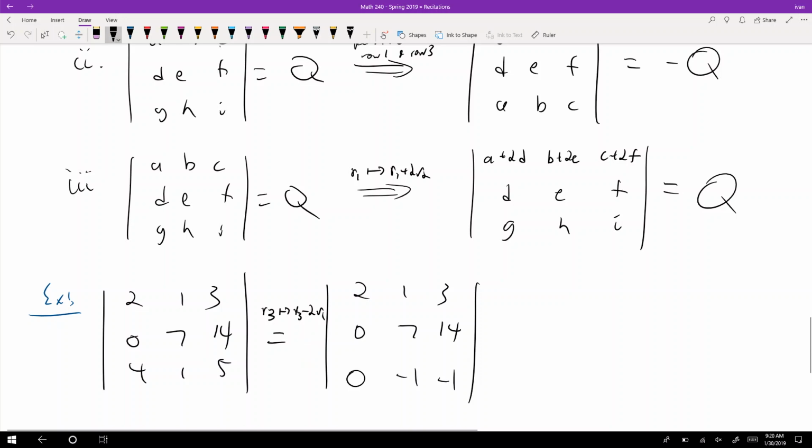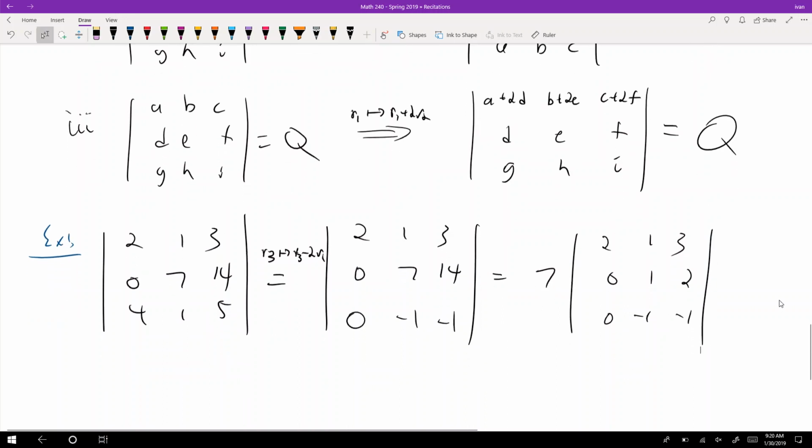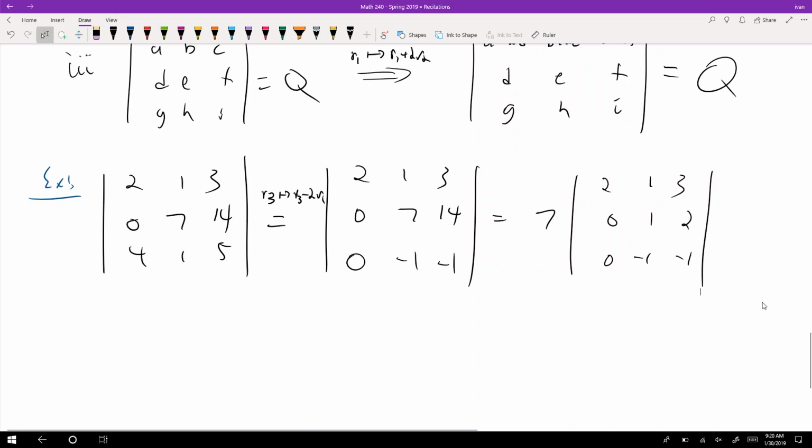All right, next step, we're going to do the following. There's a multiple of 7 in row 2, so I'm going to take that out. So now it's 7 times 2, 1, 3, 0, 1, 2, 0, negative 1, negative 1. All right.